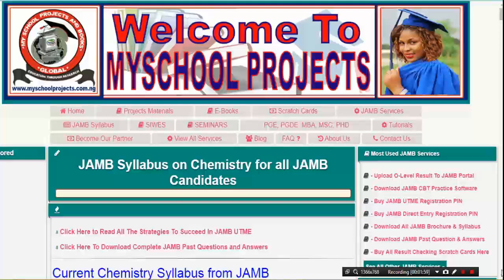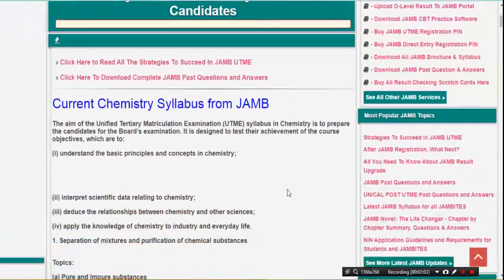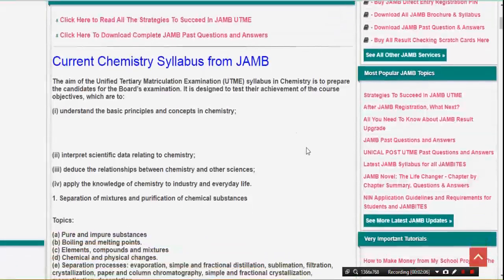Now let's proceed. JAMB syllabus on chemistry for all JAMB candidates. Current chemistry syllabus from JAMB. The aim of the Unified Tertiary Matriculation Examination UTME syllabus in chemistry is to prepare the candidates for the board's examination.